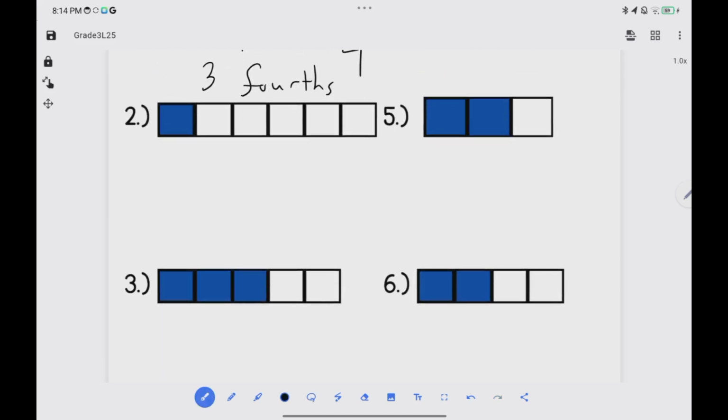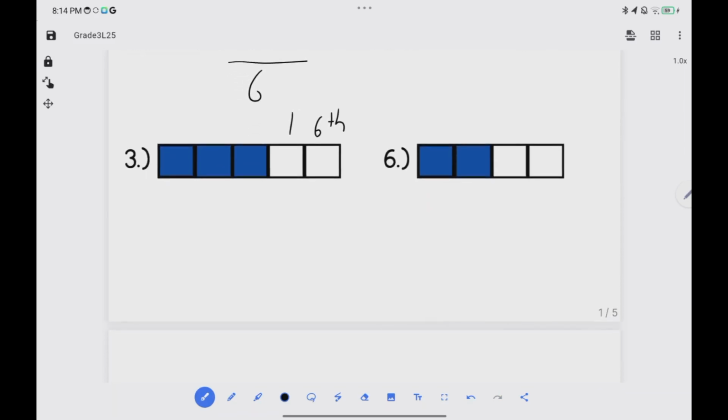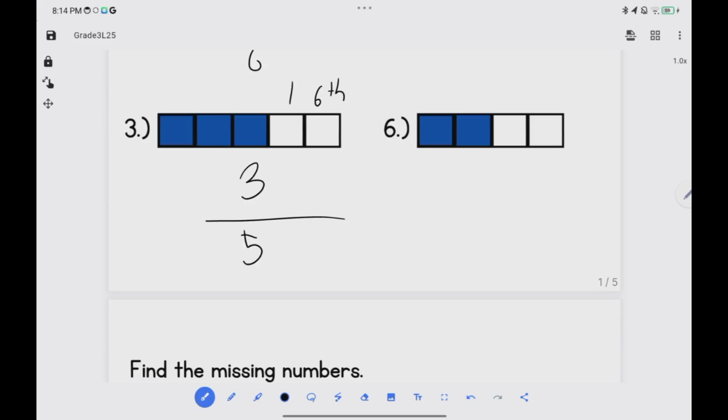Alright, so this one has 1, 2, 3, 4, 5, 6, so 6 on the bottom. 1 box is shaded, so we go with 1/6. This one has 5 boxes in total, and 3 shaded, so it's 3/5.